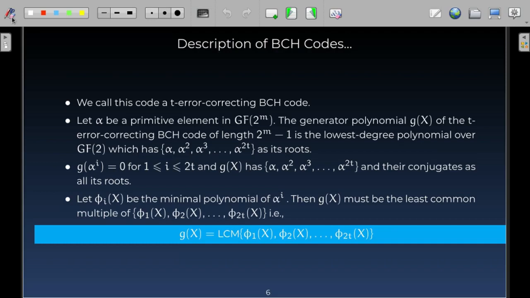So g(x) has alpha, alpha square, alpha cube, all the way to alpha to the power 2t and their conjugates as its roots. Let phi i(x) be the minimal polynomial of alpha to the power i, then g(x) must be the least common multiple of phi 1(x), phi 2(x), up to phi 2t(x). So g(x) is simply the LCM of phi 1(x), phi 2(x) and all the way up to phi 2t(x), where phi(x) is basically the minimal polynomial.